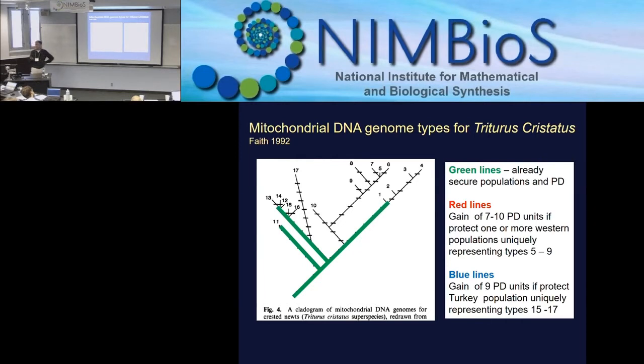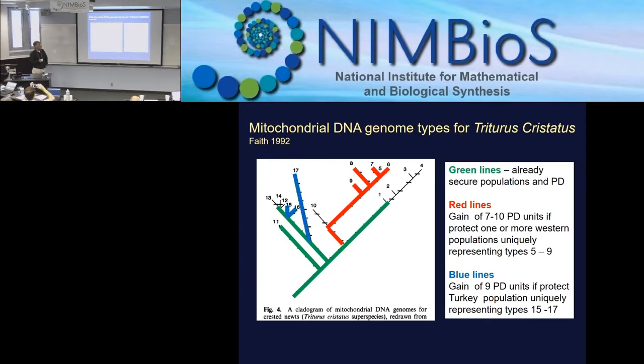And if we're wanting to set priorities on the important populations across Europe for conservation, then I argued in that paper that, as shown by the red lines, we could make a gain of 7 to 10 PD units, which are basically counts of features, or in this case genetic variants, if we were to protect one or more of the Western European populations, which uniquely represented certain genotypes, mitochondrial types. So that's called complementarity. The length of that red line is the gain we can make in genetic diversity if we take action on those populations.